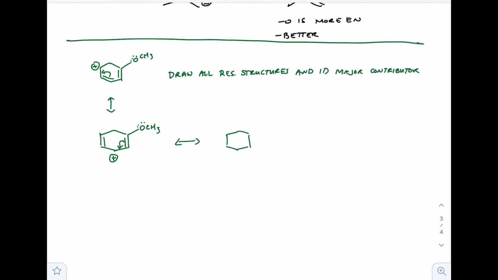Now the next resonance structure is just moving that pi bond over again. And we got a new carbocation intermediate, or carbocation compound, whatever. And then the lone pair on the oxygen can actually create a carbon-oxygen double bond. And we get an oxonium. And there you go. That's 1, 2, 3, 4 resonance structures.